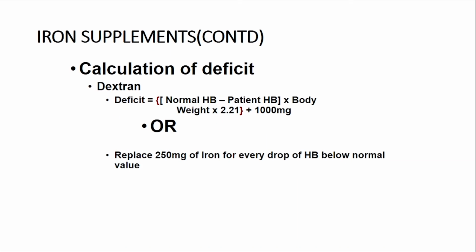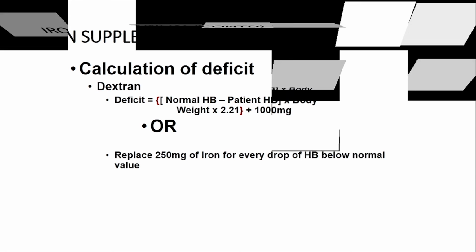What are the formulas used in calculation of iron supplementation? For iron dextran, one needs to calculate the deficit, and this will be by subtracting the patient's hemoglobin from the normal hemoglobin concentration, multiplied by the patient's body weight, and multiplied by 2.21 plus 1,000 milligram, or one could replace 250 milligram of iron for every drop of hemoglobin below normal volume.